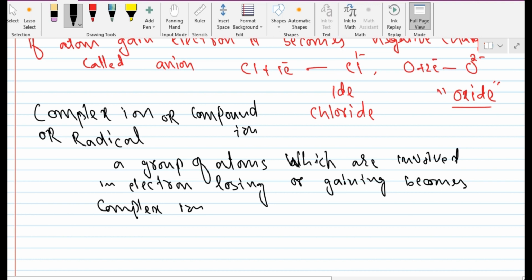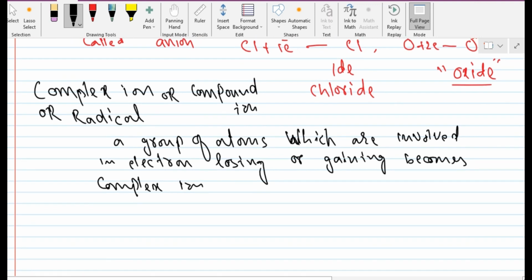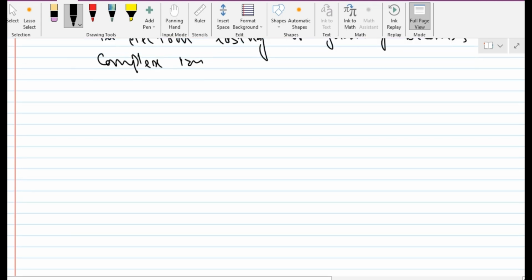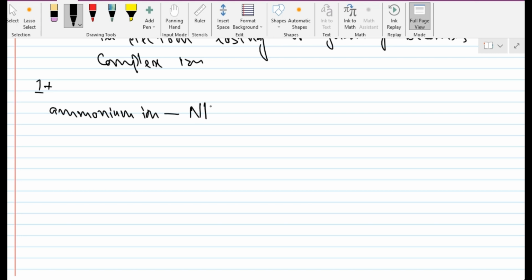For example, there are multiple, and I say these total 12 or 13. If you remember all these, you will be very okay in formula making. First of all, I'm talking about the single particle which has a 1 plus charge. It is the ammonium ion. The formula of the ammonium ion is NH4.